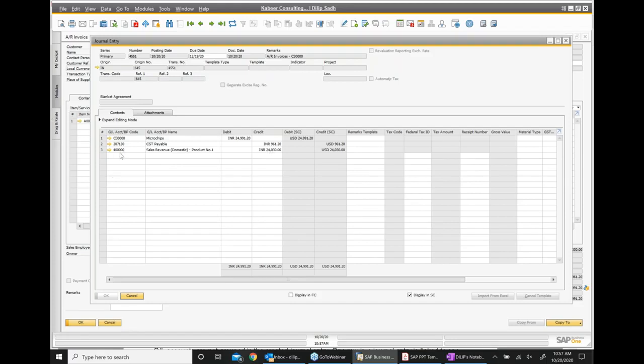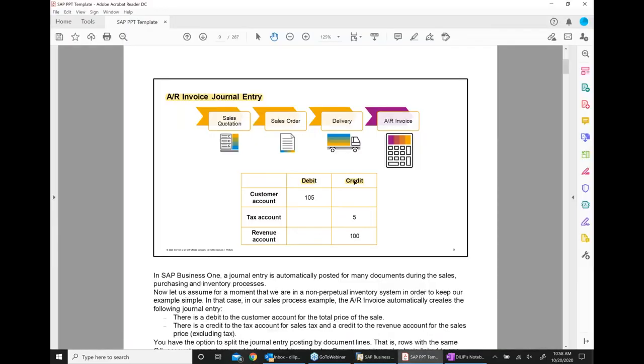Where did we get this? For the tax payable, we have account 2071030. How we got it, we're going to talk about. For the customer, it is Microchips, which is customer C3000. So that is what we are seeing here. It's debit and credit.